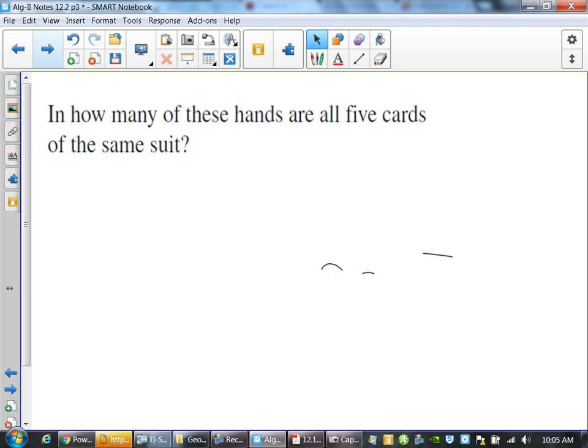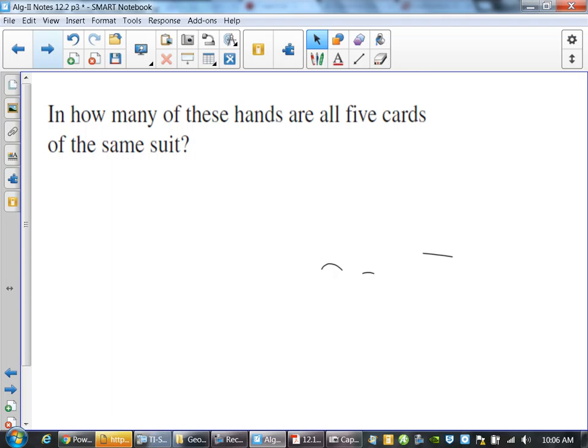So here's what we're looking at. When we start to do some of these combination problems, we're looking at multiple things occurring. In this case, we're still taking 52 choose 5. But of that grand total, how many of those are going to be the same suit? So first of all we have to pick a suit.